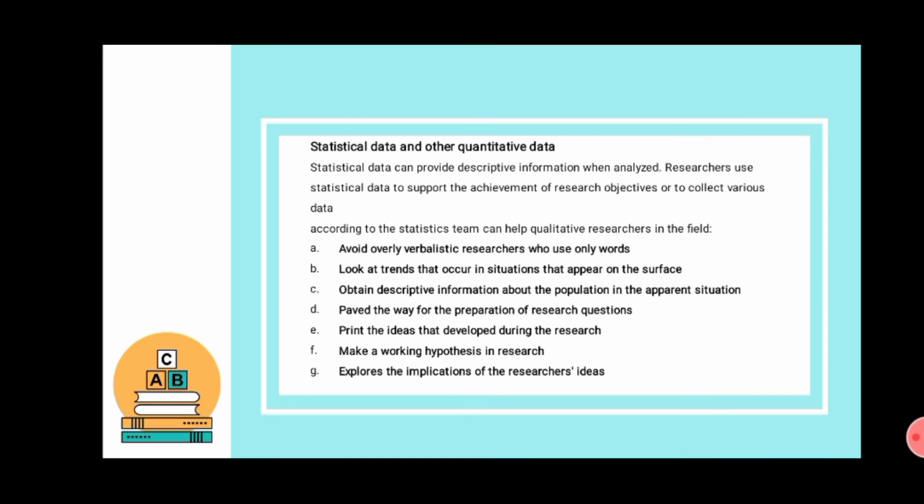According to the statistics team, it can help qualitative research in the field. A. Avoid overly verbalistic research that uses only words. B. Look at trends that occur in situations that appear on the surface.